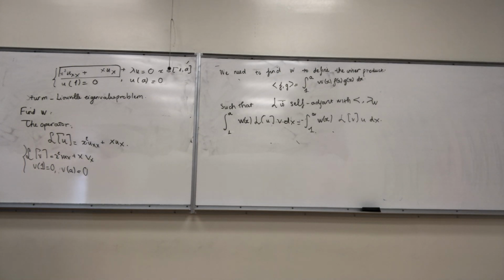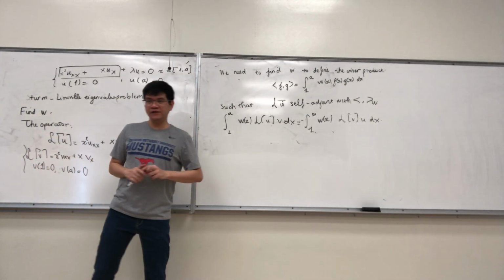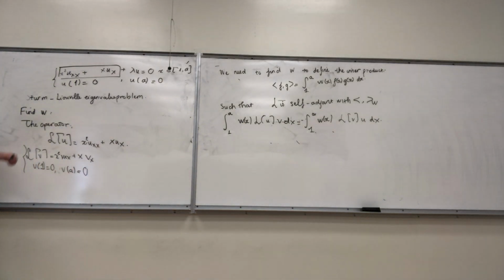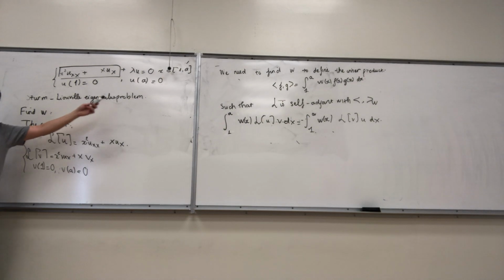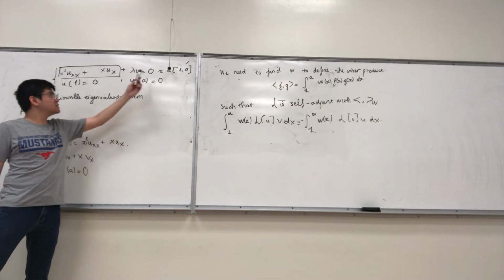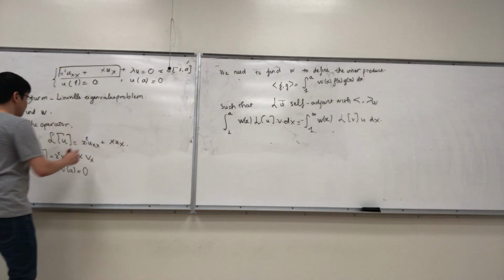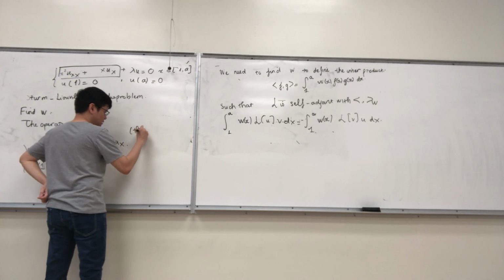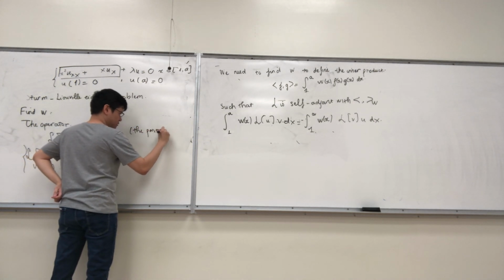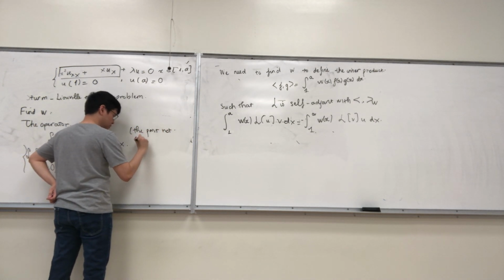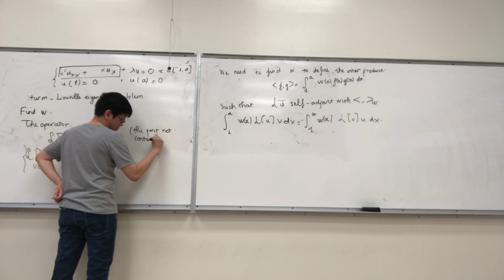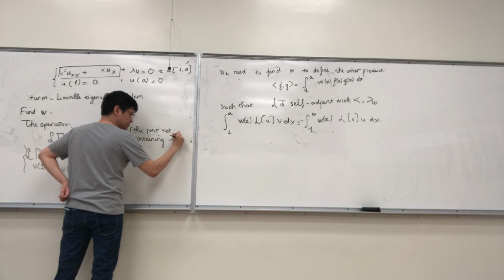All right, so let me explain this again. You have this equation. The operator will be the part not containing lambda, right?